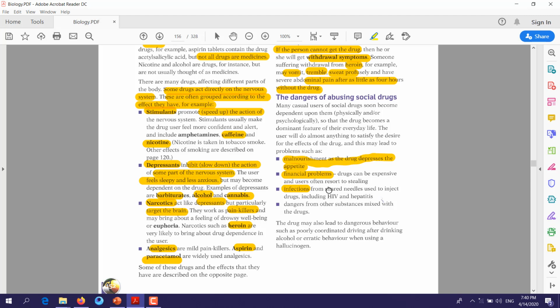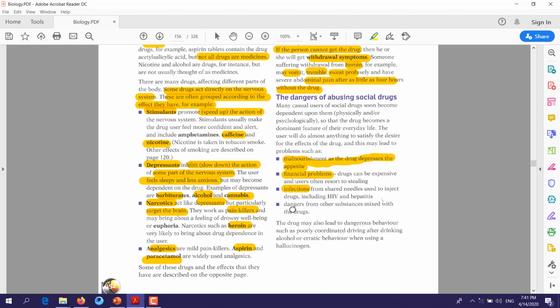For example, people that are taking drugs: if one of them has, let's say, HIV, which is AIDS, and more than one person shares this needle, then all of them will have the same disease.